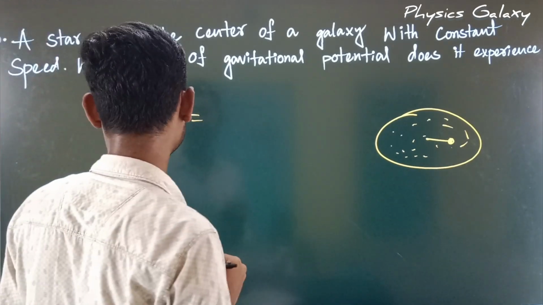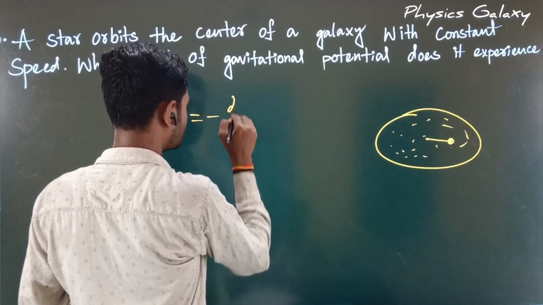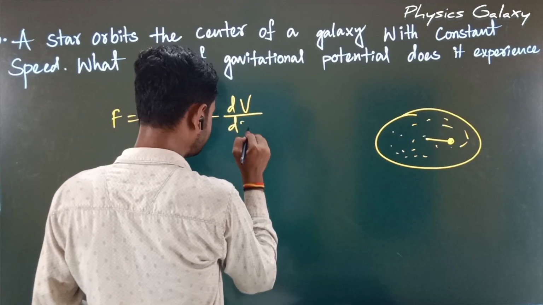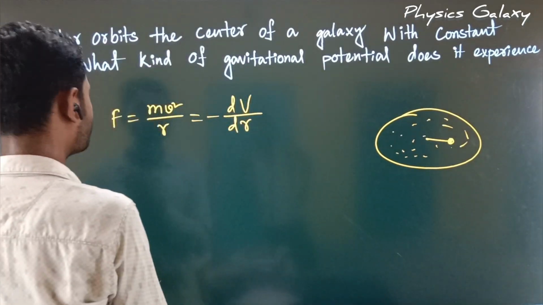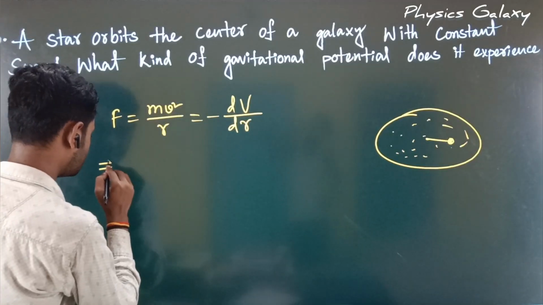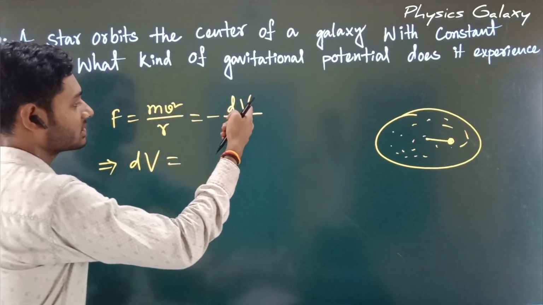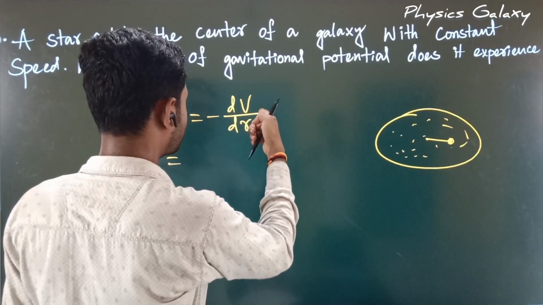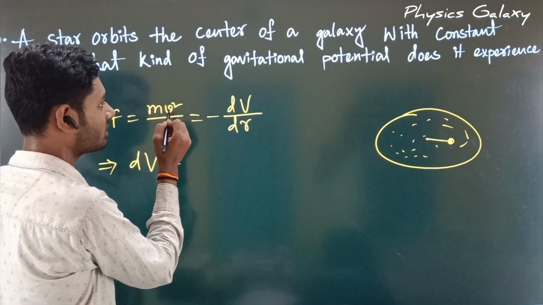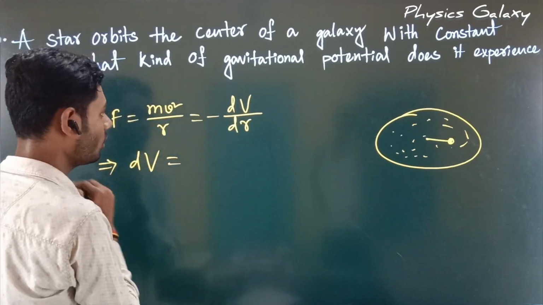We also know that F is equal to minus grad V, or I can say minus dV by dr. This V is the gravitational potential it experiences, and this v is the velocity of the star.